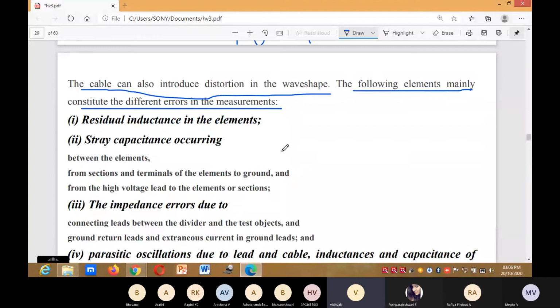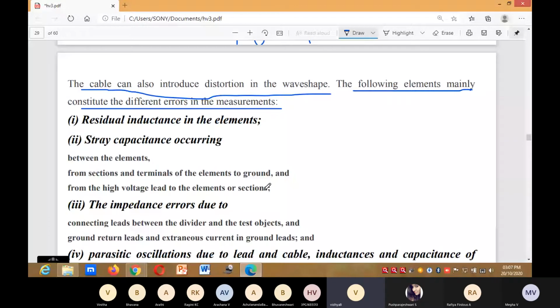These are the errors which occur while measuring: the residual inductance in the elements, and stray capacitance occurring between the elements or sections, from terminals of the elements to ground, and from the high voltage lead to the elements or sections.